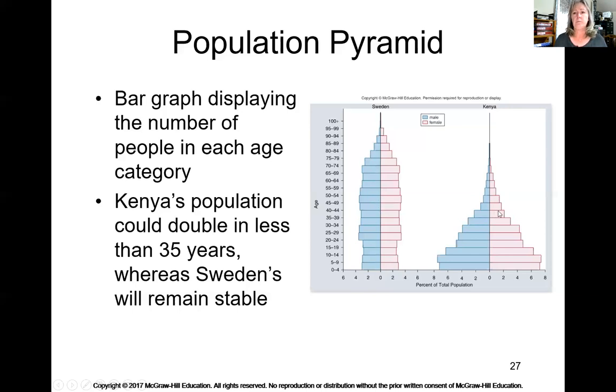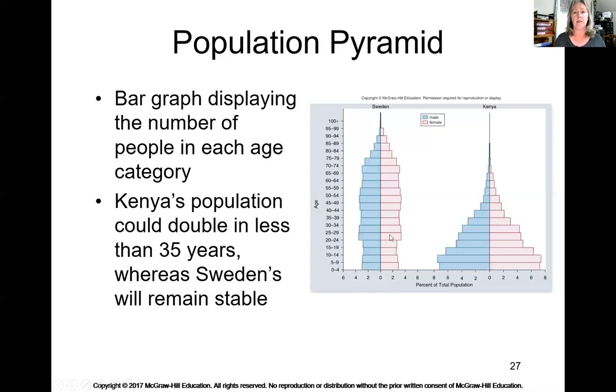But here we do have a large number of births, but then those children surviving to an older age, the percentages aren't as good as in a developed country.